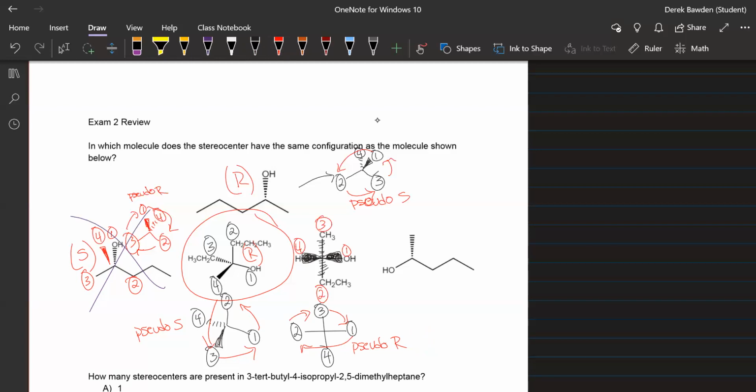So pseudo R is clockwise, which means our original is S, which means this one is not like our original molecule. And last one here, we've got oxygen as our number 1, got a hidden hydrogen as number 4, a methyl group and a propyl group. So our propyl group is going to be bigger, number 3. We need to swap our 3 and 4.